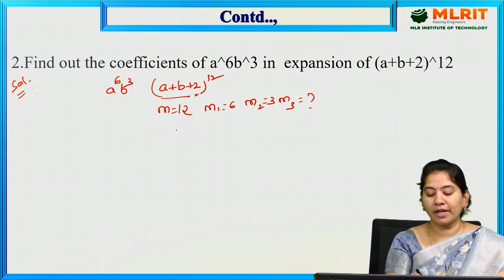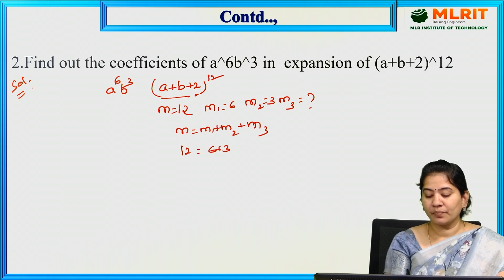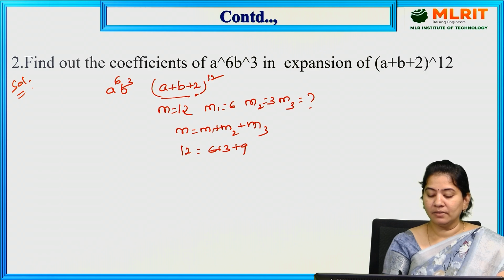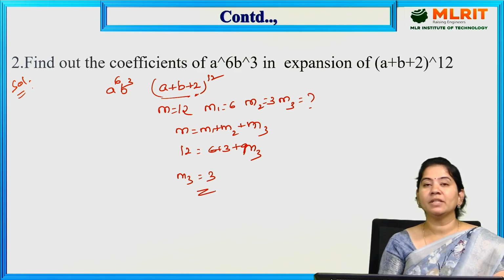So you need to find it, as we know that n is equal to n1 plus n2 plus n3. Here n is equal to 12, and n1 plus n2 means 6 plus 3 is 9, so n3 is equal to 12 minus 9, which is 3.